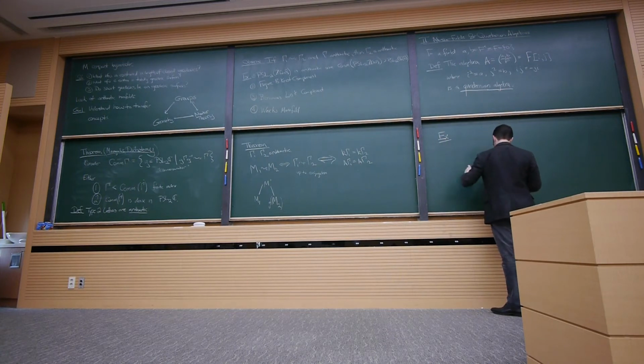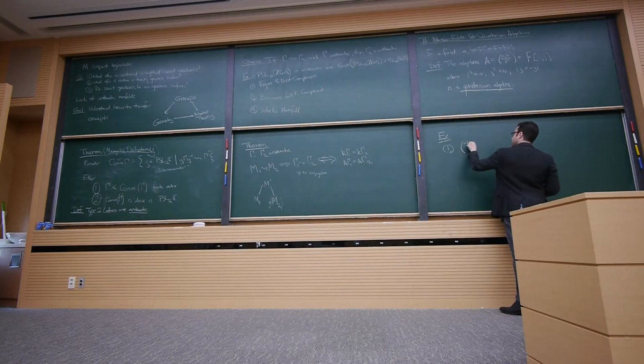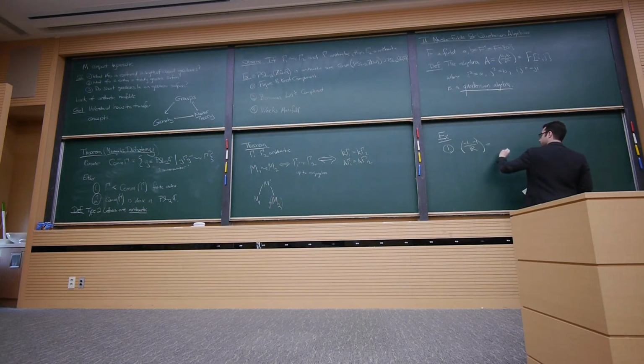So for example, if you adjoin negative 1, negative 1 over R, you get Hamilton's quaternions, which I'll write also with bold H, not hyperbolic space.